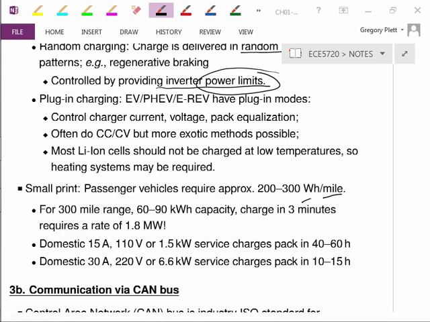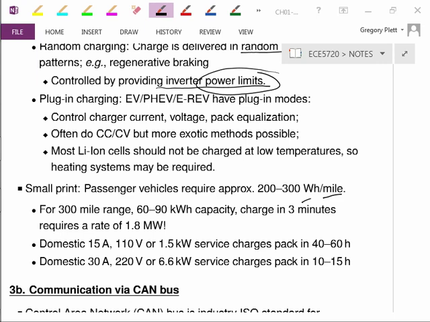We want to go to a charging station, I almost said gas station, and we want to charge in about 3 minutes. That's what we're used to. If we were to do that, that would require a power transfer rate of 1.8 megawatts. This is absolutely enormous.